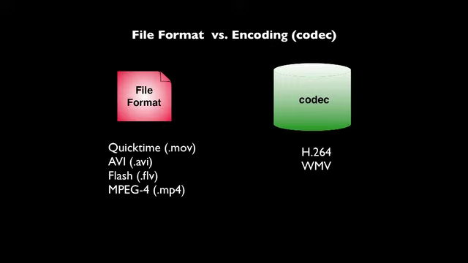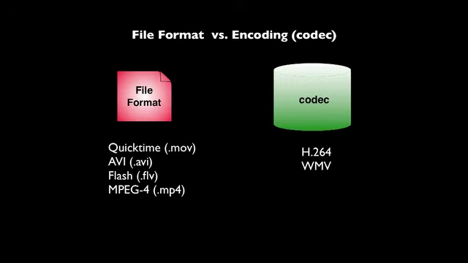Am I going to play this video file on my iPod? Then perhaps I want to save it as an MP4 or a movie. Do I want to embed this file in a website? Well, I may want to save it as a Flash file, or as an AVI file if it's intended more for Windows, or if I want to open it in Windows Media Player. So that's going to be the file format.